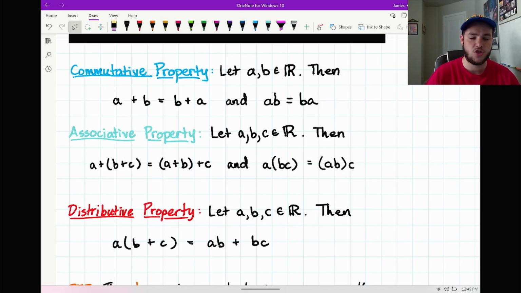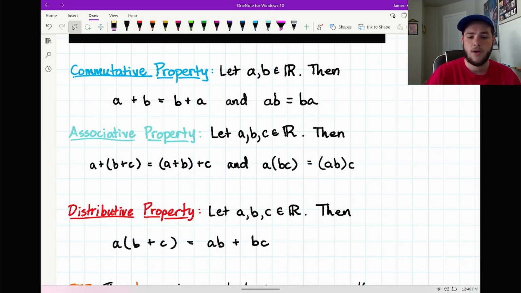Last but not least, the distributive property is another really important one that explains to us how multiplication and addition interact with each other. So if I've got three real numbers, a, b, and c, and I have a times the sum b plus c. Basically what this is saying is I could either add b and c together and then multiply by a, or it might be easier or more convenient to multiply a to b and c and then add their results.